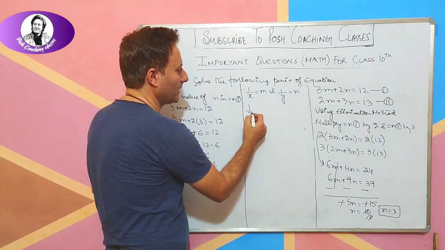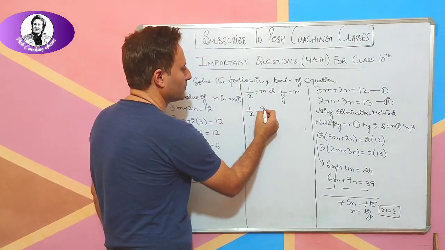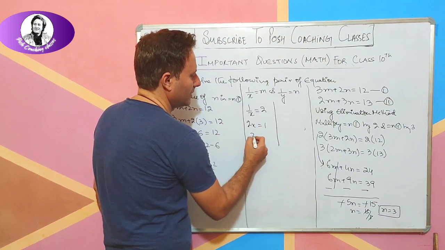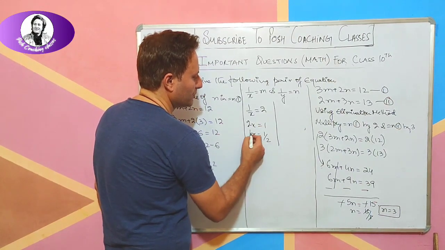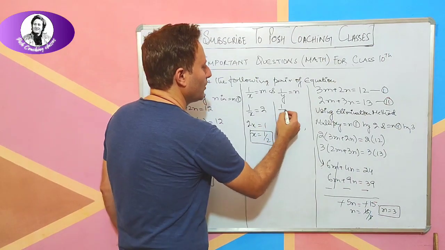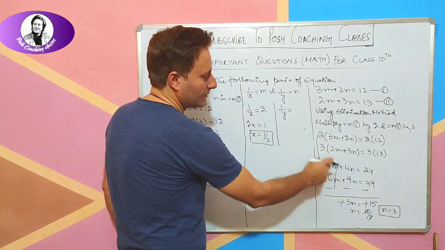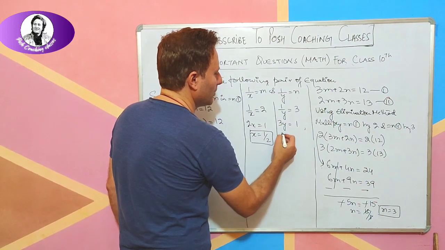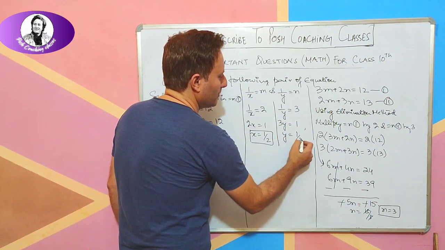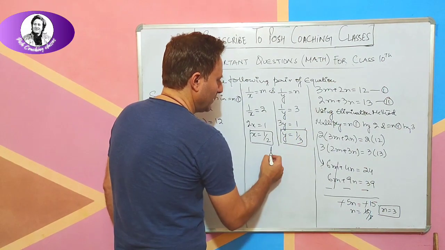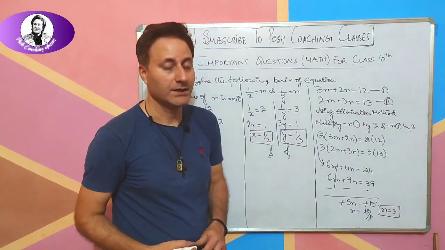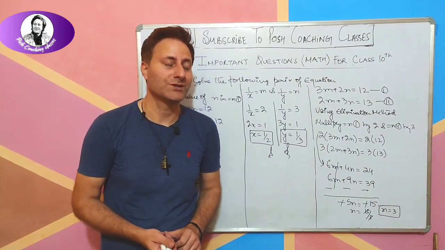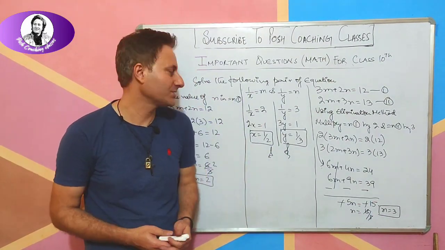So 1 upon x, m is equal to 2. So it becomes 2x is equal to 1, x is equal to 1 upon 2. Similarly, 1 upon y is equal to n. So we have 3. Cross multiply, 3y is equal to 1, y is equal to 1 upon 3. So now I have the answers. The answers are in x and y. This is what was asked. So I'm done with this question as well.